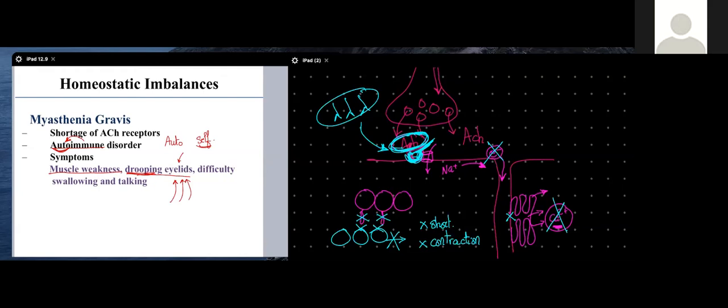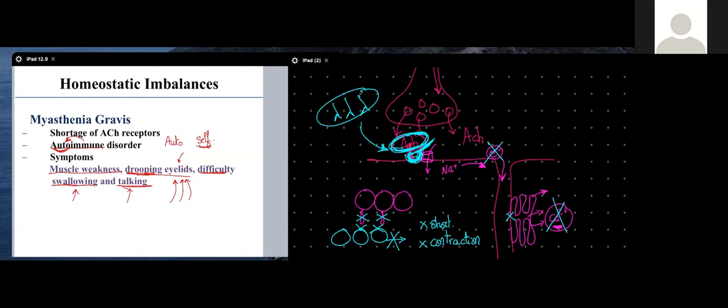As the disease gets worse, there will be difficulty in two of the most complicated tasks that we perform. Those are swallowing and talking. So speech and swallowing, those are two of the most complicated tasks that we perform.